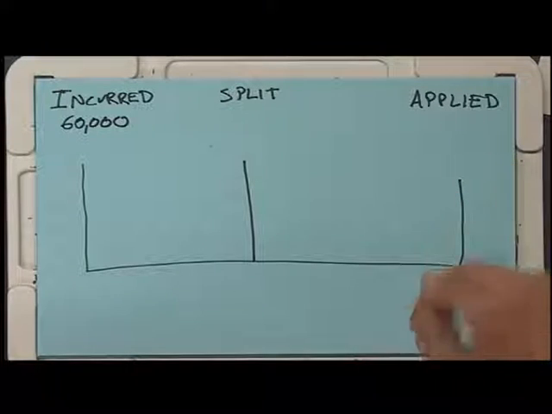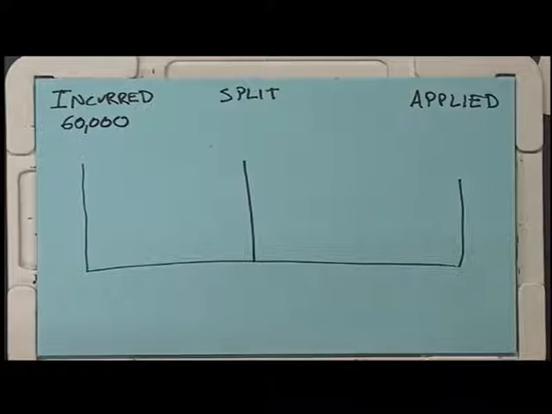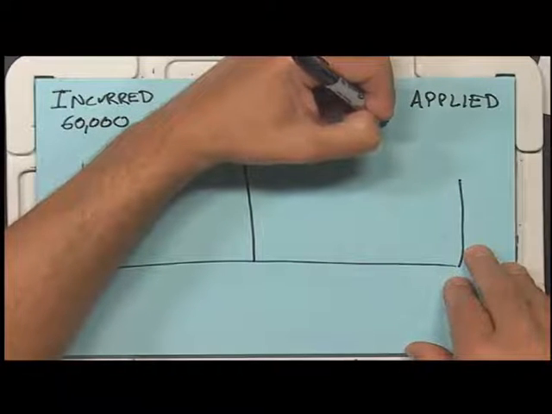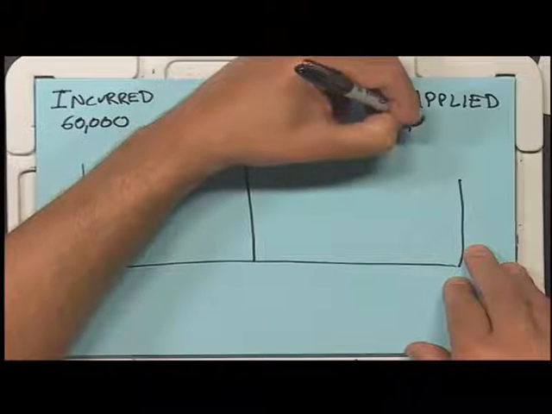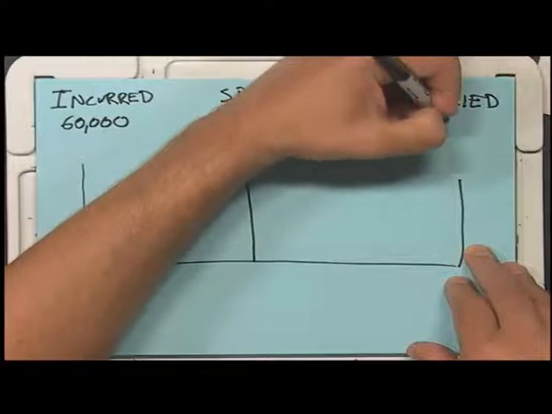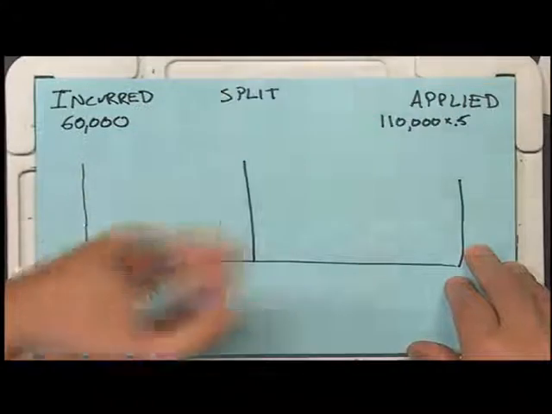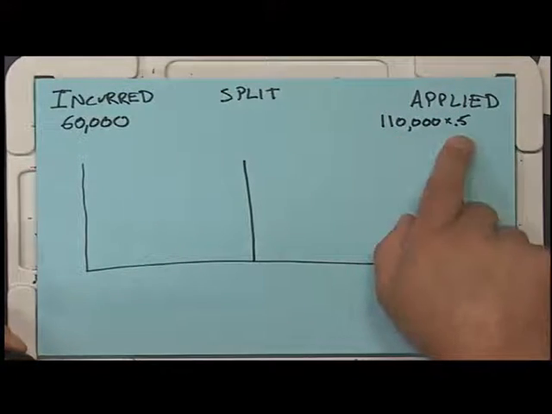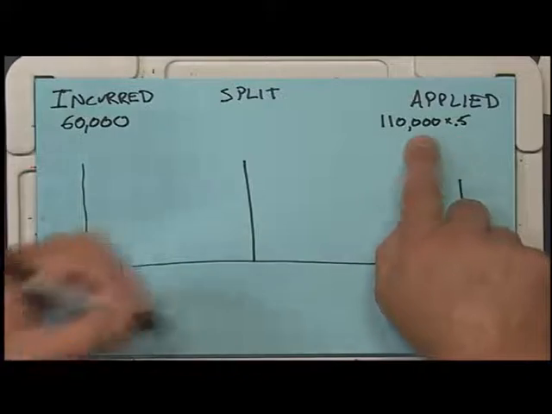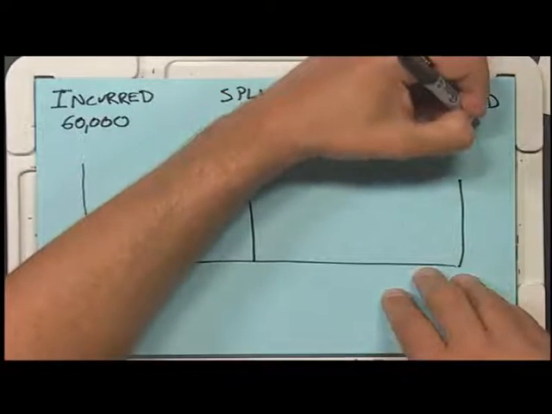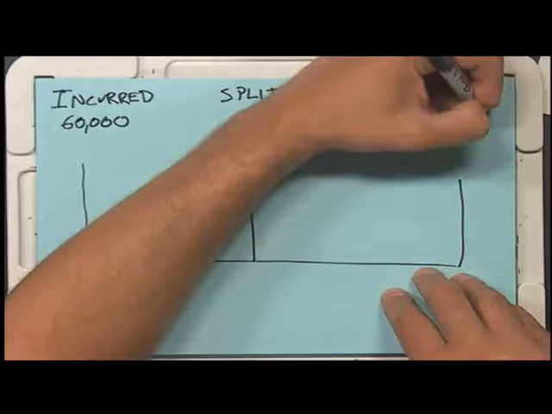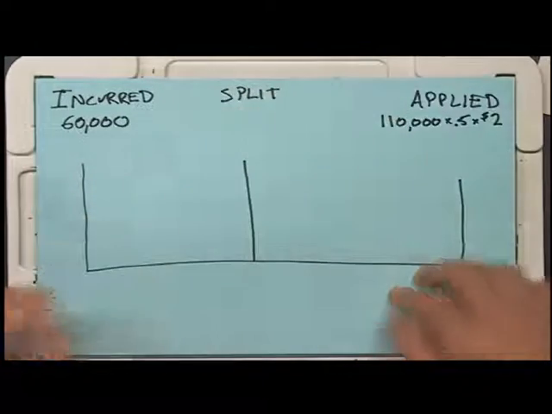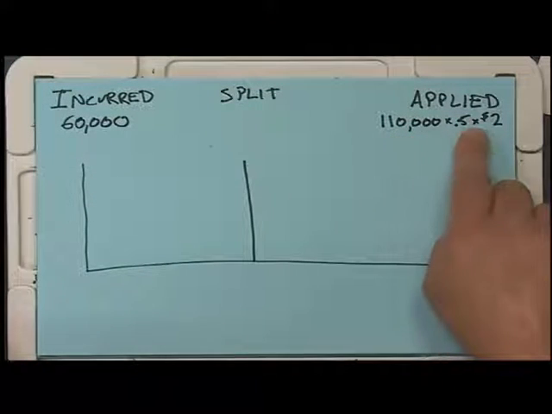Well, the important thing to remember is that standard costing systems apply costs at standard costs, right? So we're going to say, okay, we graded 110,000 pages, and each one should have taken half an hour, so that's 55,000 hours that we should have had, and each of those should have cost us $2 in variable overhead.